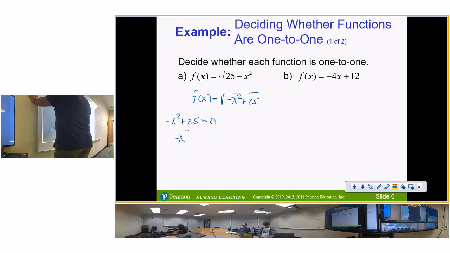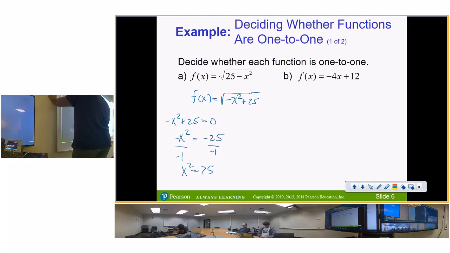Negative x squared is equal to negative what? 25. Divide by negative 1. Divide by negative 1. X squared is equal to 25. And what is my x? What can my x not equal? A 5 or what? Negative 5, right?